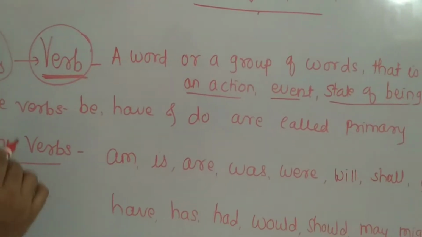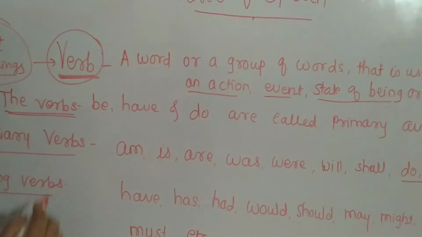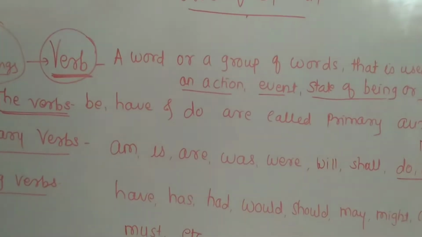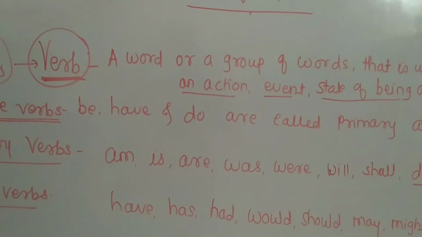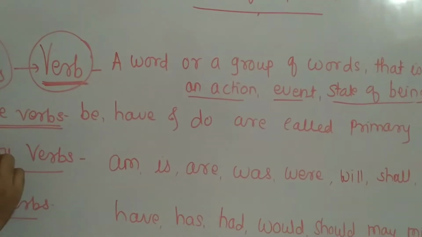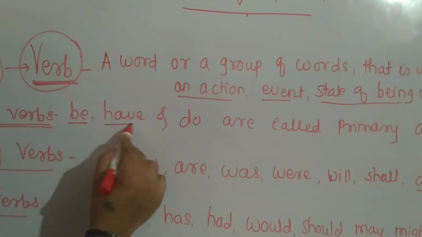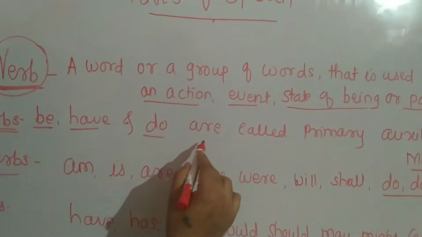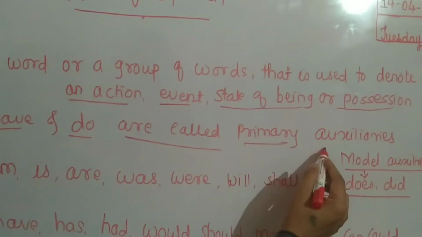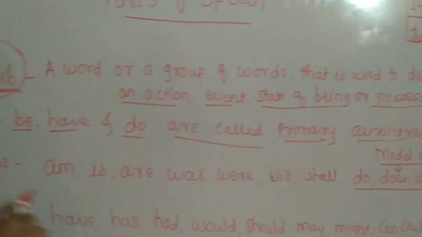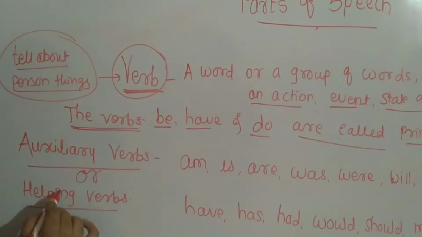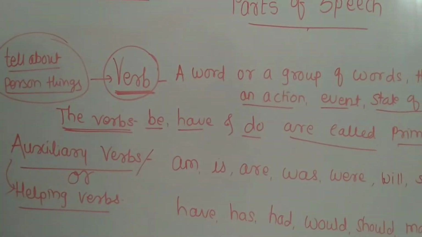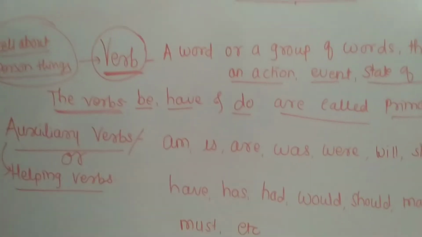Now student, there are some primary auxiliary verbs and there are some modal auxiliary verbs. The verbs be, have, do are called primary auxiliary verbs. We can also say helping verbs.